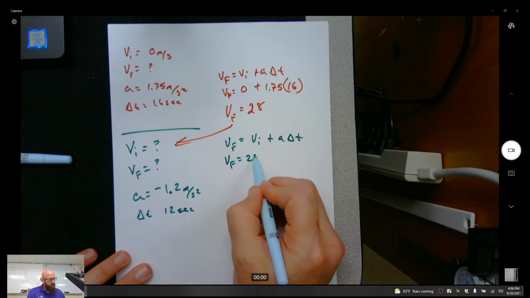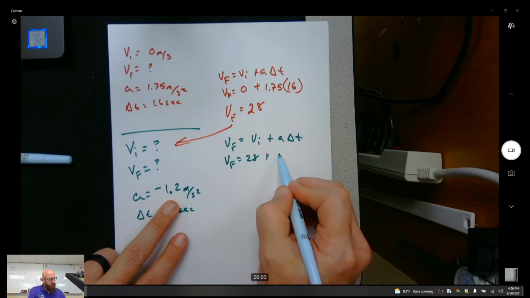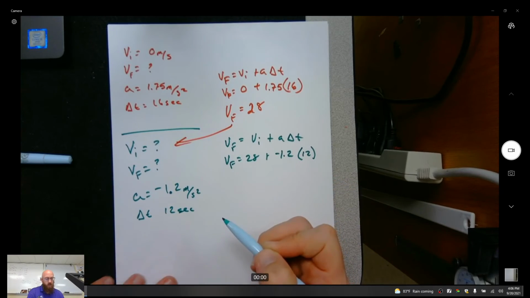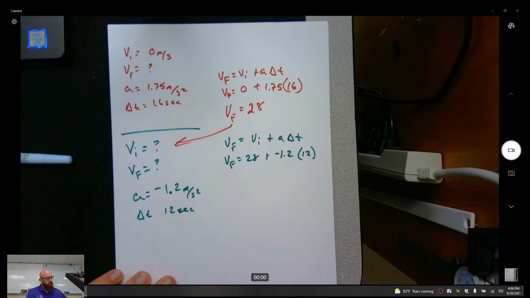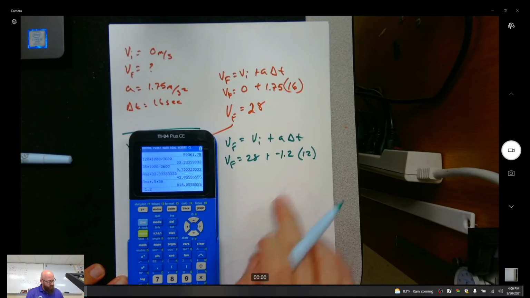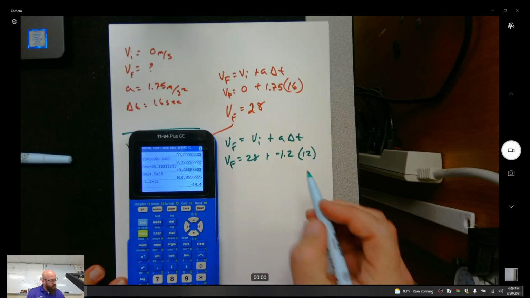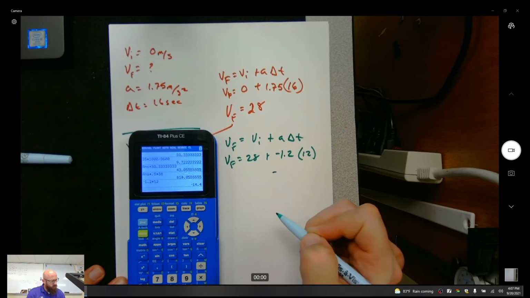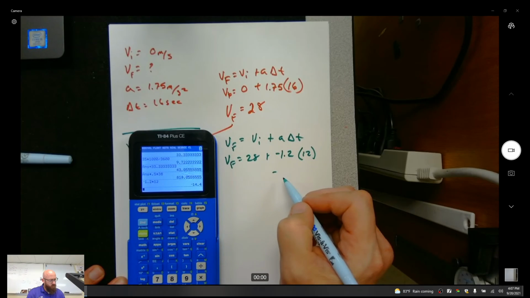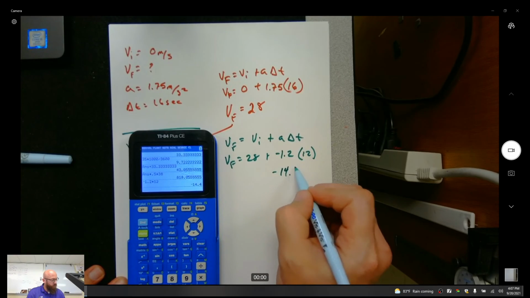VF equals 28 plus my acceleration, negative 1.2 times 12 seconds. So what is negative 1.2 times 12? Negative 14.4.